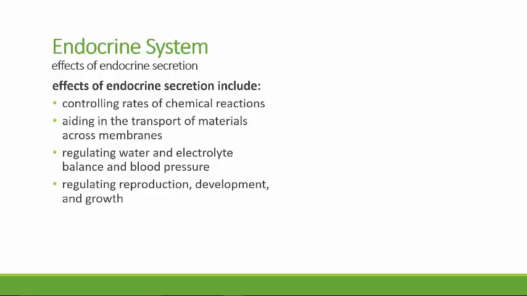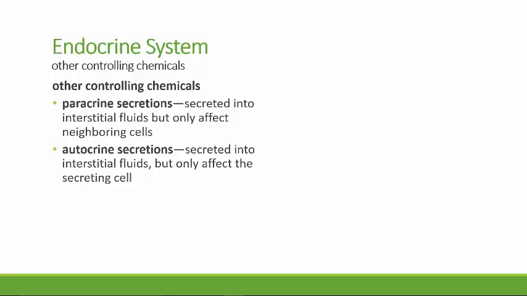There are other controlling secretions in the body as well. Paracrine secretions are ones that are secreted into the cells or into the fluid, but their effect is at neighboring cells only. It doesn't go very far because these paracrine secretions generally are very quickly neutralized in the body.